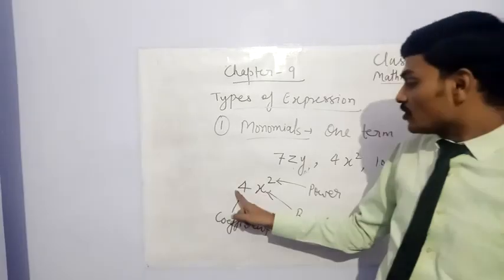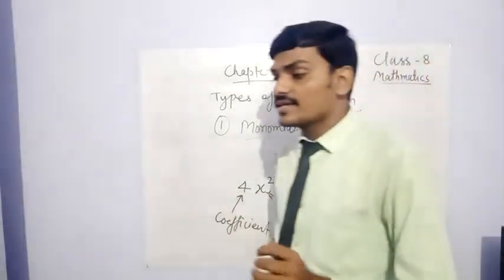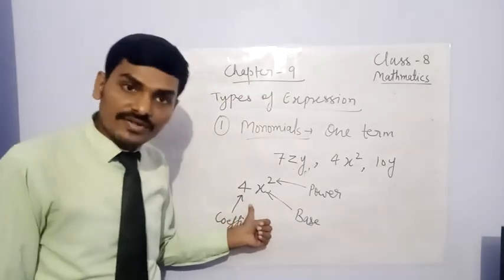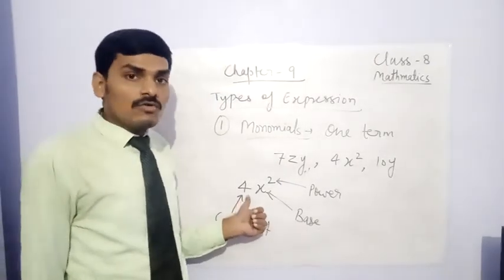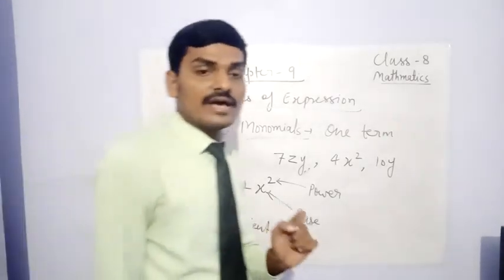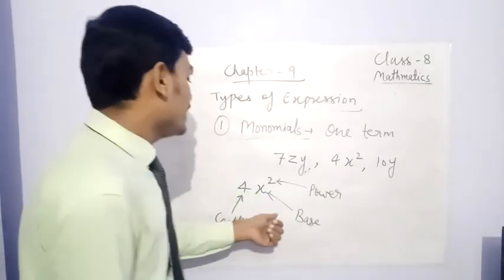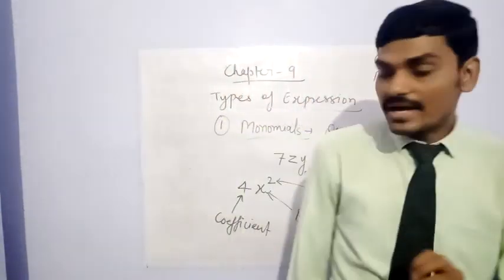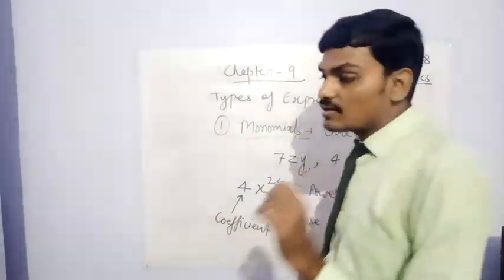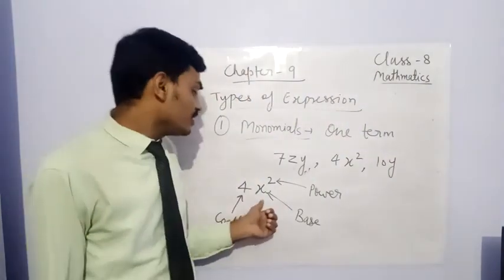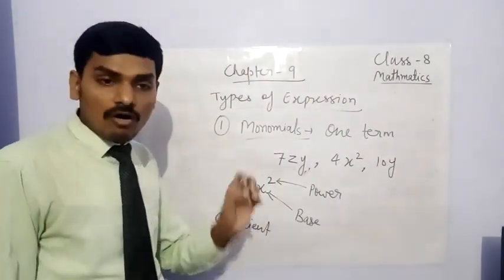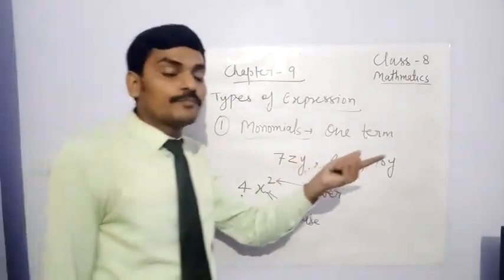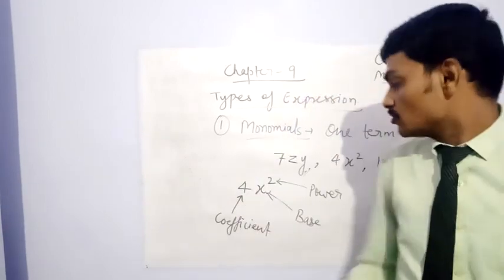So here 4 is known as the coefficient. We can say that the numerical value of a term is known as the coefficient, and the variable of any term is known as the base, and the exponent of the variable is known as the power.